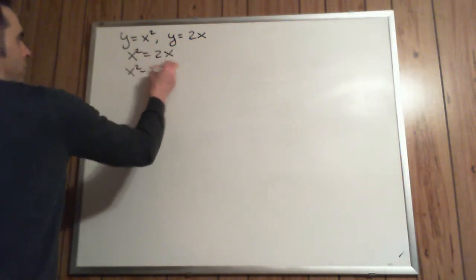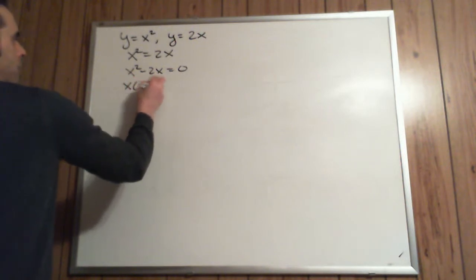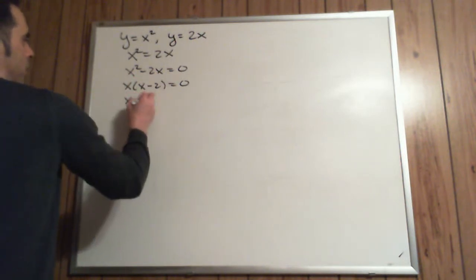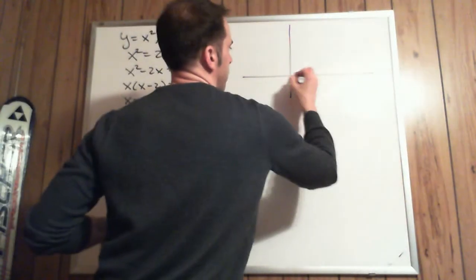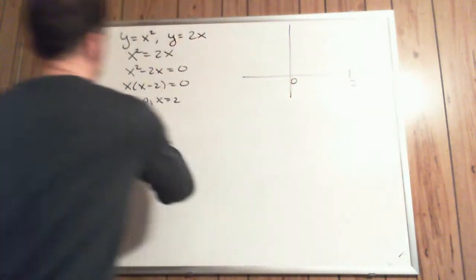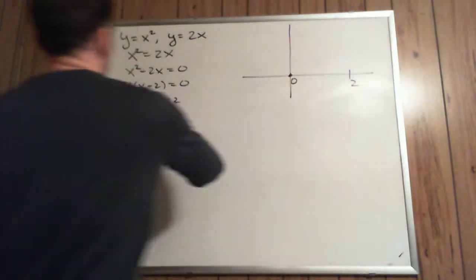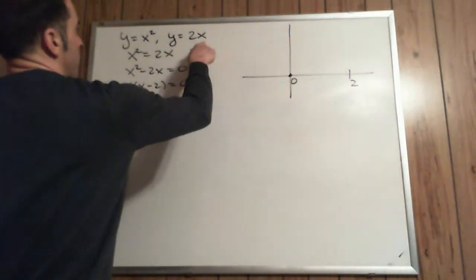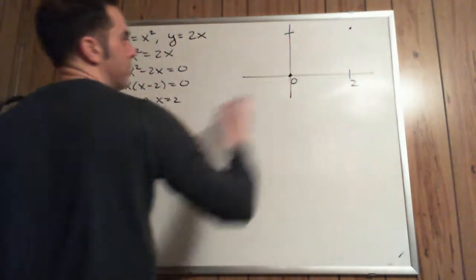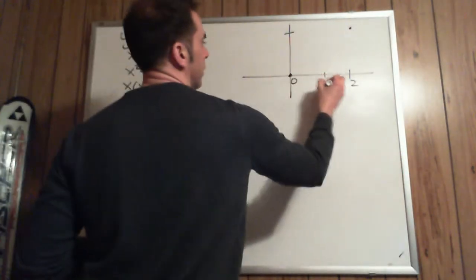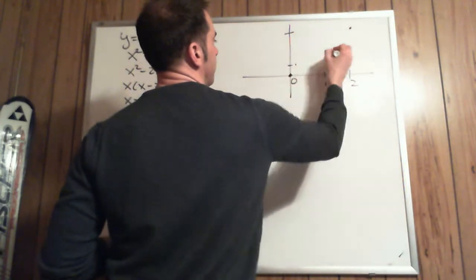X squared minus 2x equals 0. Factor this out, and I'd get x would be 0 or x would be 2. This would be 0, this would be 2. When x is 0, y is 0. When x is 2, y is 4. This here, pick 1, you'll get 1, 1.